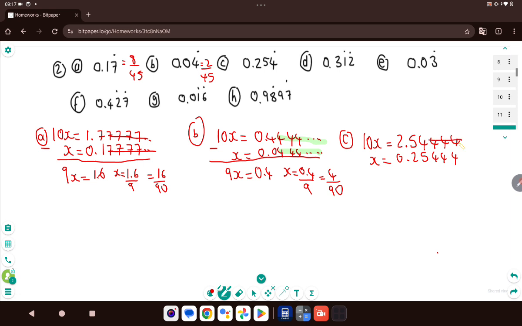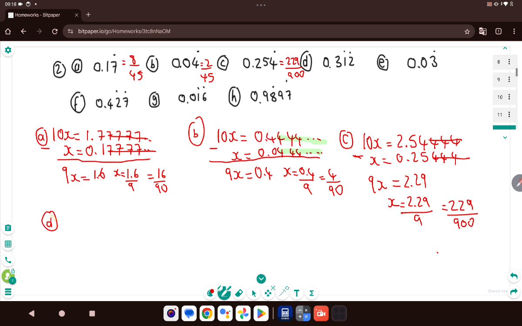These cancel out when I subtract. 2.54 minus 0.25 is 2.29. Divide both sides by 9. Times by 100 this time to make the top into an integer. Doesn't simplify. The answer is 229 over 900.